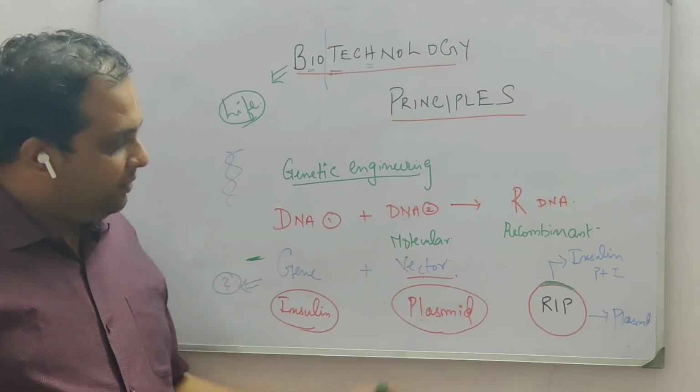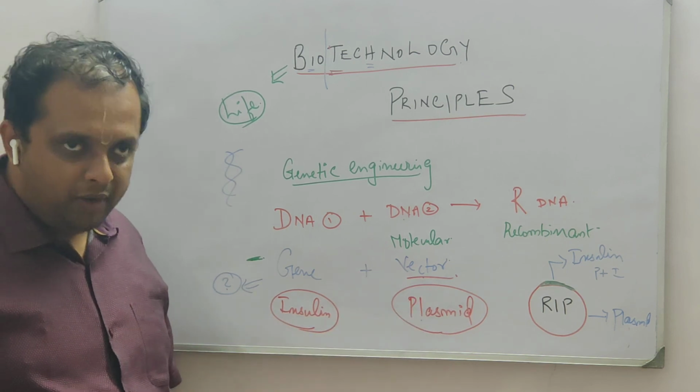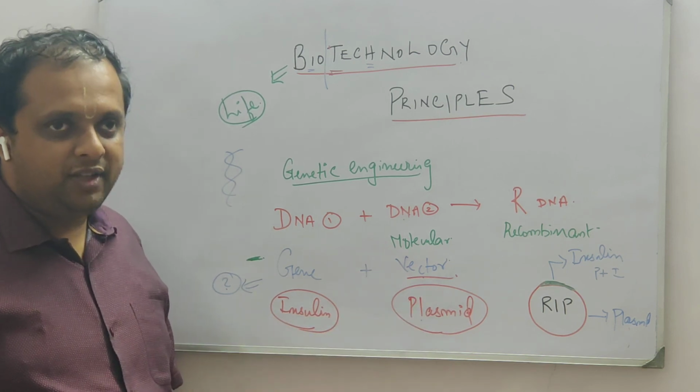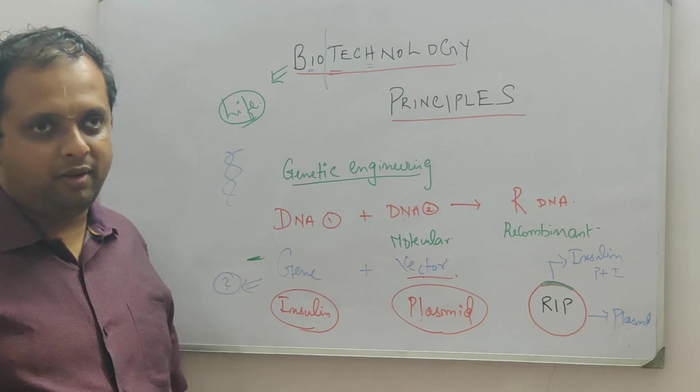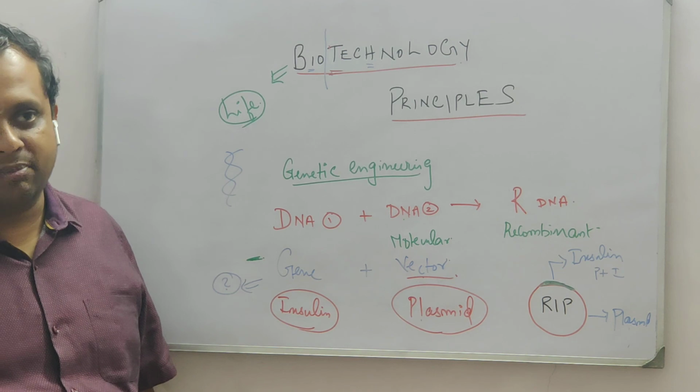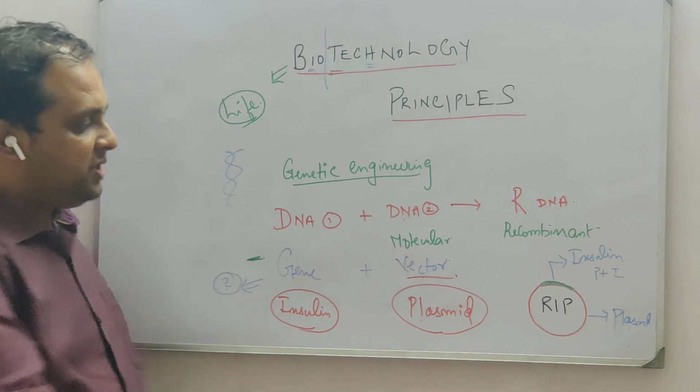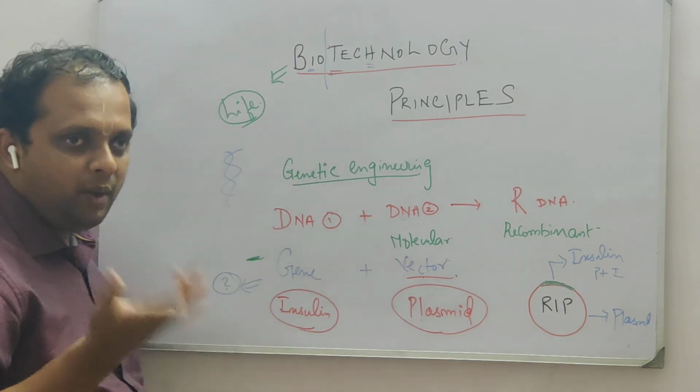So this plasmid we are going to get as an artificial, synthetic one from a biotech company, which we have in various metro cities like Hyderabad, Bangalore, Chennai. So this is done. You can order the plasmid and you are going to get it.